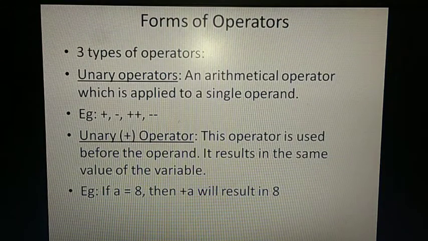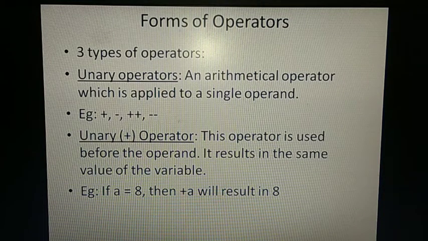In a unary operator, the operator is applied to a single operand. The unary plus operator is used before the operand and the result is the same as the value of the variable.